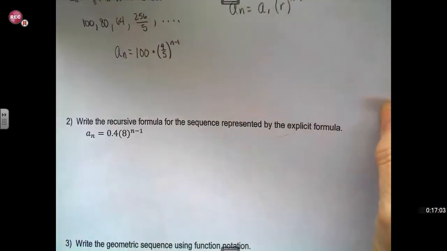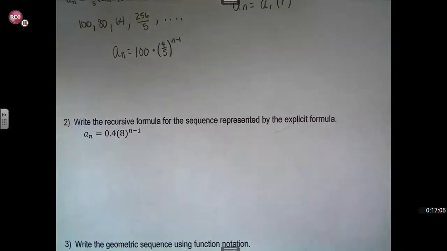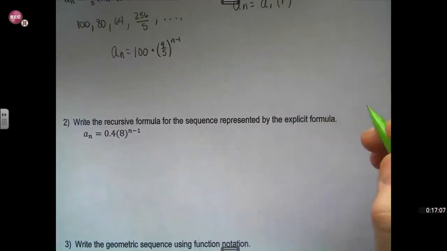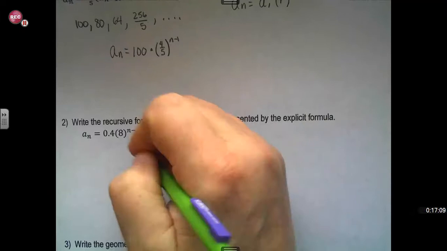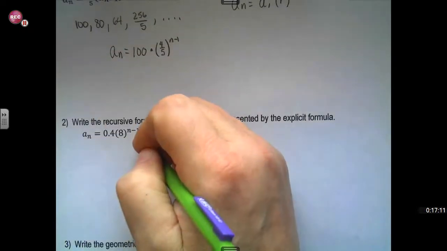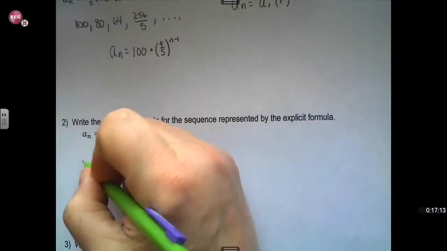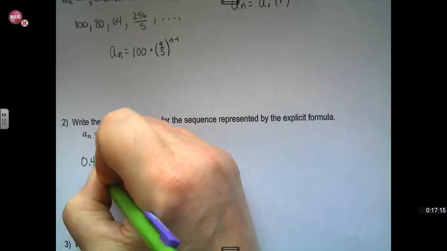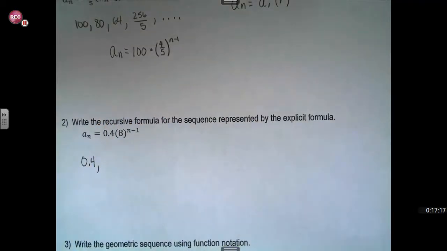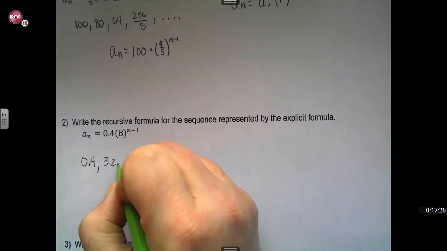And we have, write the recursive formula for the sequence represented by the explicit formula. So in this explicit formula, the first term is 0.4. The next term, I would multiply that by 8 and get 3.2.